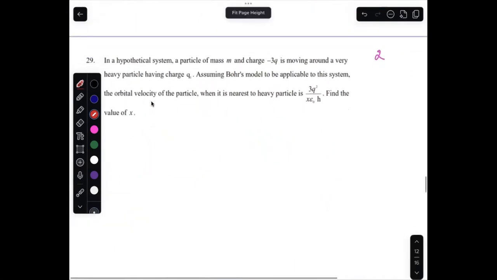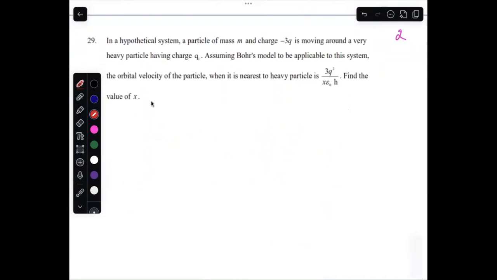Next. In a hypothetical system, a particle of mass m and charge minus 3q is moving around a very heavy particle having charge q1. What is the meaning of this? The basic understanding is that it is not the reduced mass case; the center of mass lies at the center only.